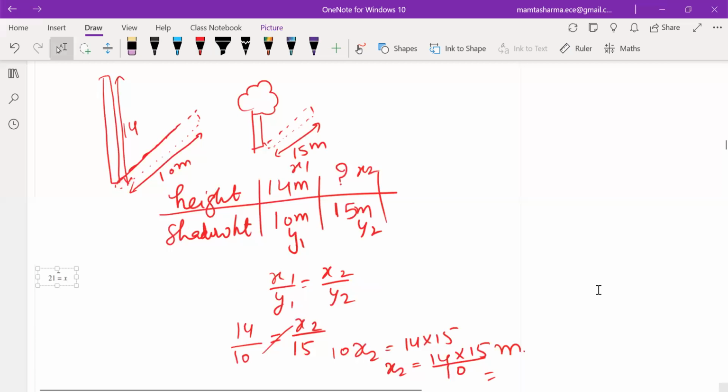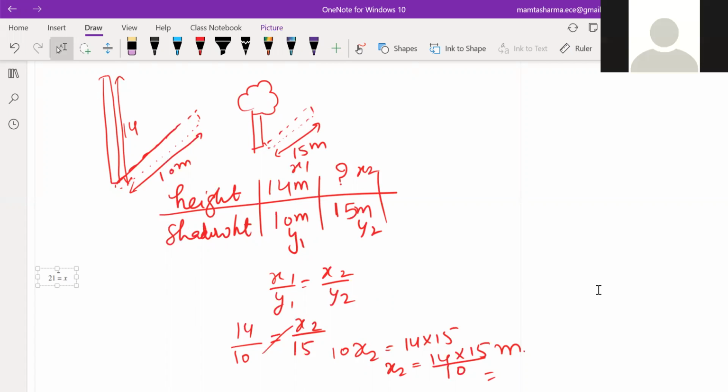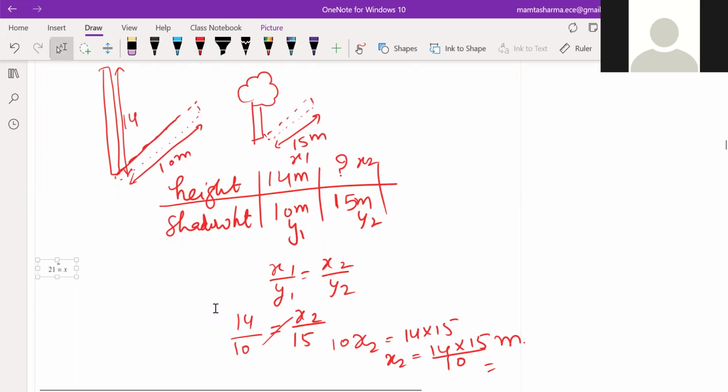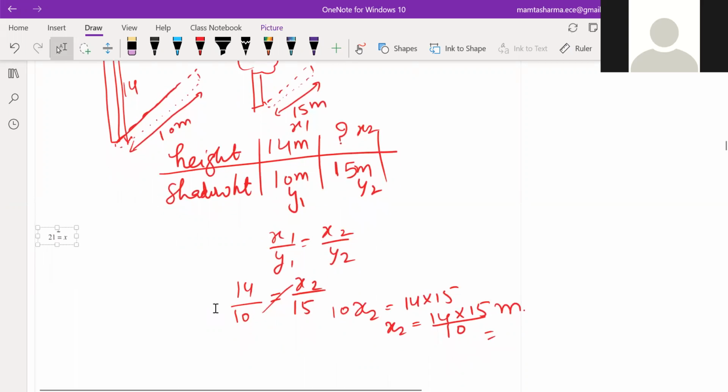Ma'am, 21 meters. Okay. Abhinav. Yes, ma'am. Ananya, what is your answer? What are you getting after solving this, 14 into 15 by 10? 21.